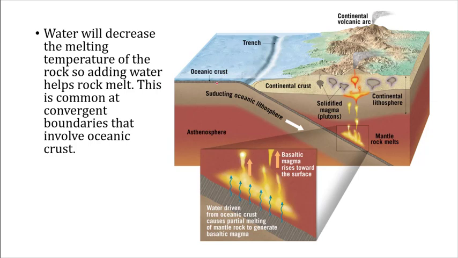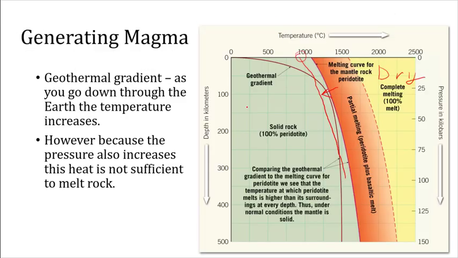And so now, when it goes underneath the continental crust, the geothermal gradient does melt it, because it's wet, right? And let me go back to the graph. It's wet, and so now just burying it will actually melt it.